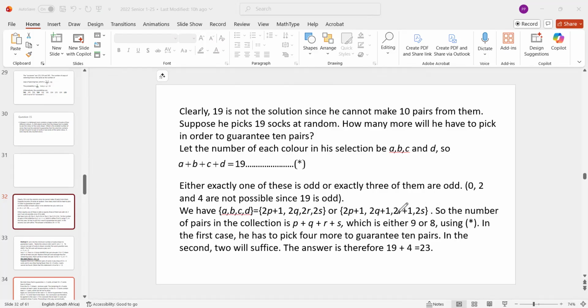But now, any 2, all are odd. You take any 2, after that, you will have. So the second one actually gives you 22 choices. But the minimum number is 23. The worst possible case is where you got 9 pairs. All right, so that takes care of that problem.